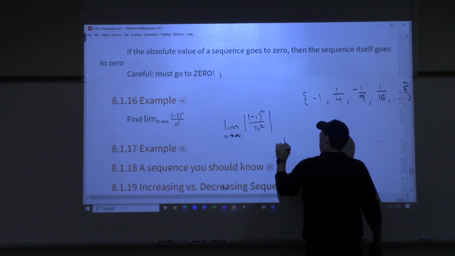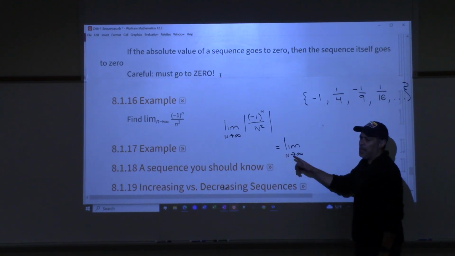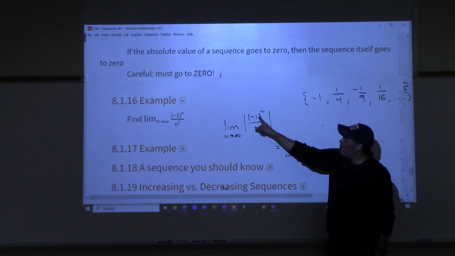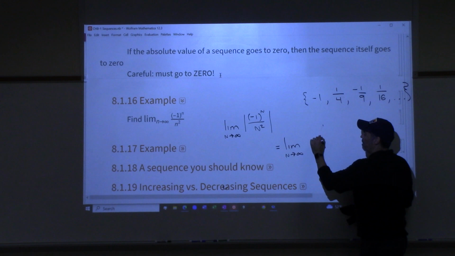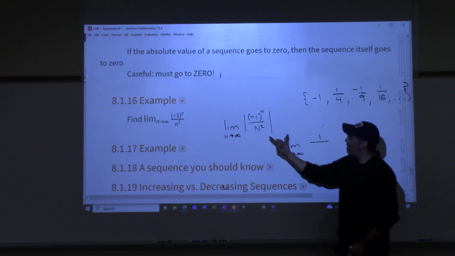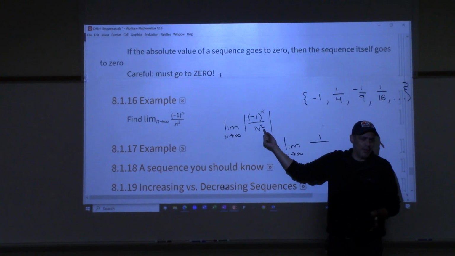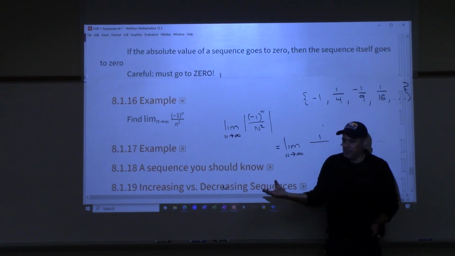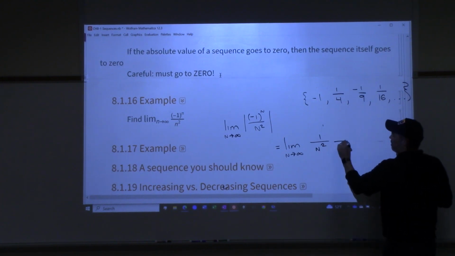But that equals the limit as n goes to infinity. Let me think about the absolute value. If I plug in an n here and take the absolute value of that, what's it always going to be? Positive 1. So the top's always positive 1. And the absolute value of n squared is irrelevant, because n squared is always positive, so taking the absolute value of a positive number doesn't do anything. So this just becomes 1 over n squared, and we already know that goes to 0.